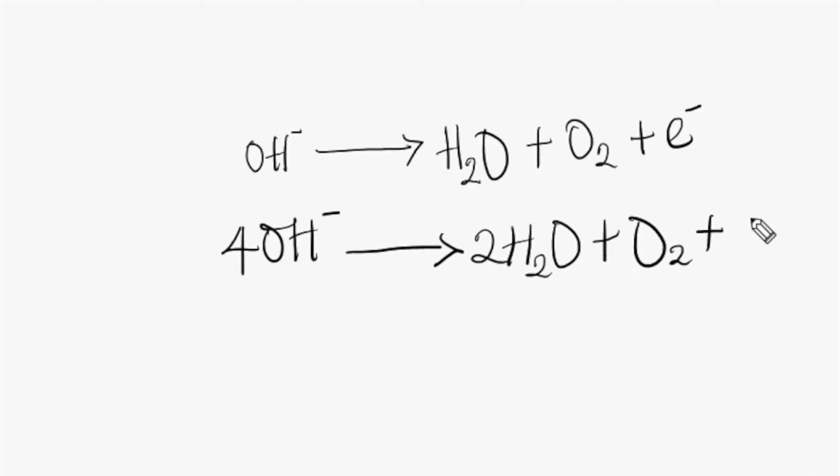Since the number of electrons here is 4, you're going to also have 4 electrons here. Oxygen is 4 here, and oxygen is 4 here, that's 2 times oxygen here, and 2 of this here, that's 4. Then hydrogen is 4 here, and that's 2 times 2, that's 4 here. So we have 4 electrons here and 4 electrons here. So this expression is balanced at this point.